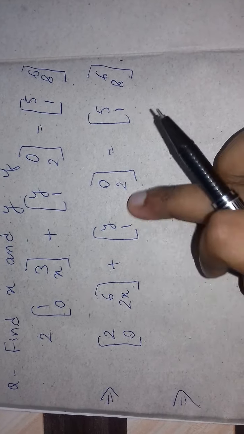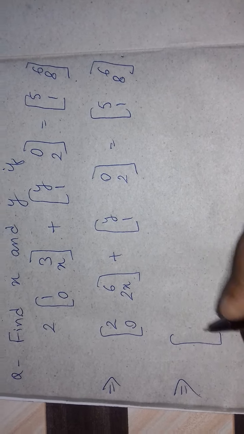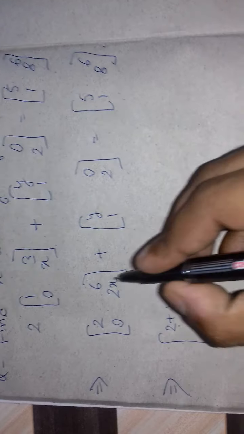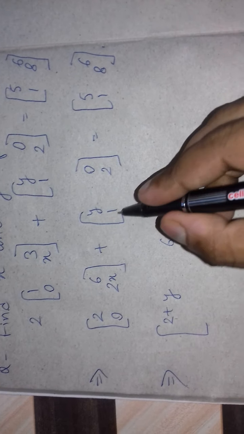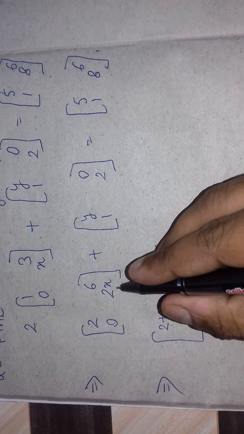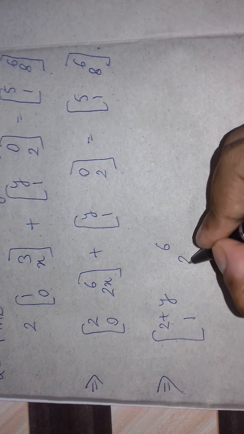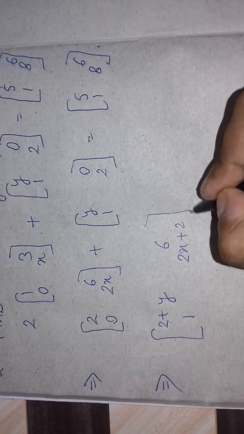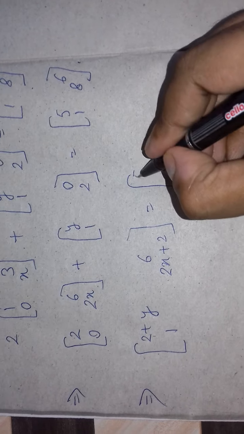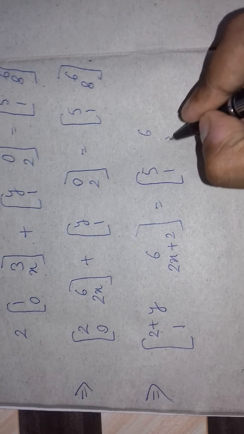Now we have to add these two matrices. So it will be now 2 plus y, 6 plus 0, 0 plus 1, 2x plus 2, it will be 2x plus 2 is equal to 5, 6, 1, 8.